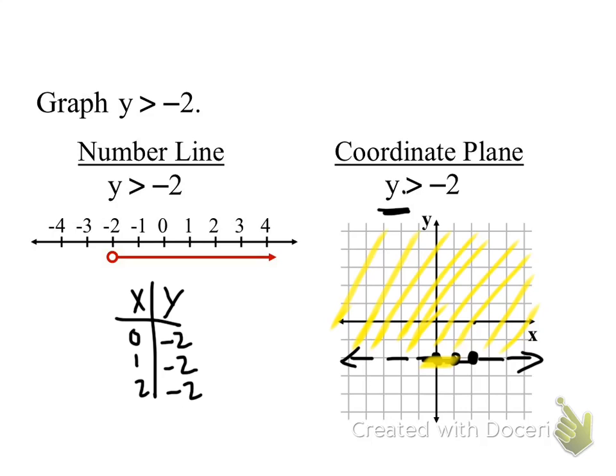The original inequality is y is greater than -2. Now I'm going to substitute in y. We said our y is 1. Should this be a true statement? What do you think? Yes. Why? Because 1 is greater than -2.